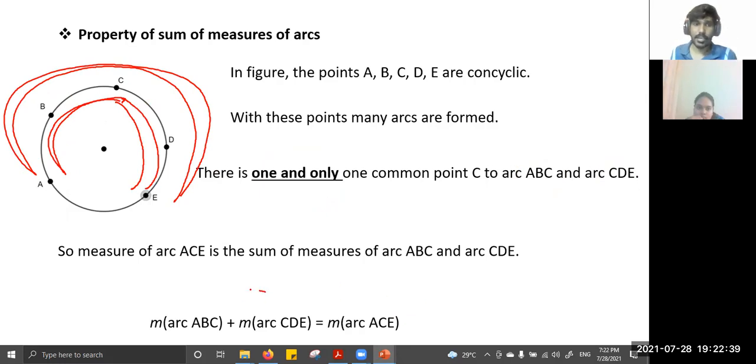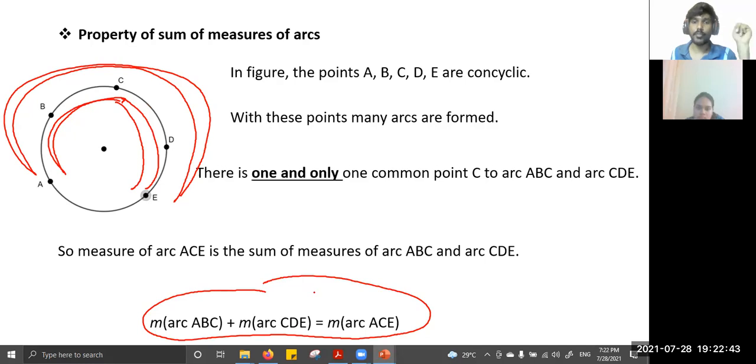This is called the property of sum of measures of arcs. You can use this property only if one point is common in both the arcs.